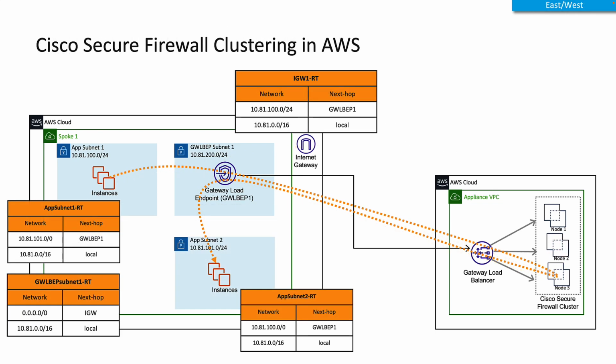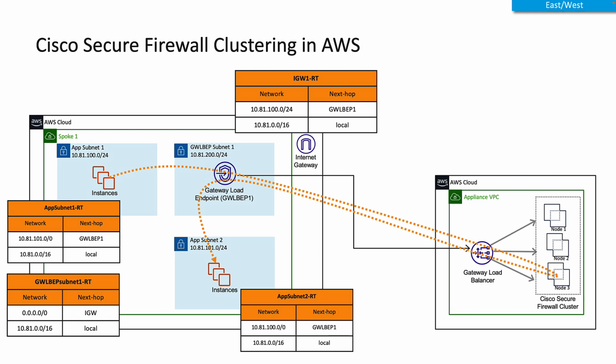Now let's look at the other traffic flow where you have two subnets, subnet 1 and subnet 2, sitting in the same VPC, and you want to forward traffic to your cluster. Again, you will have your route tables pointing towards the gateway load balancer.